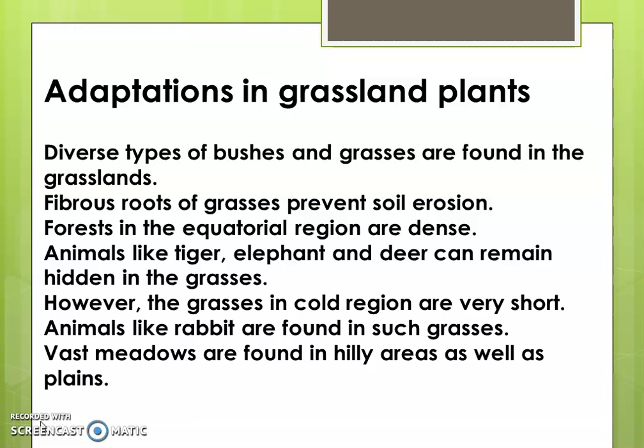So you can see the huge diversity in grasses also, depending on the surroundings where they are growing, the place where they are actually growing, equatorial region or cold region or hilly region. So all the grasses over here, in different places, are not the same, they are different.